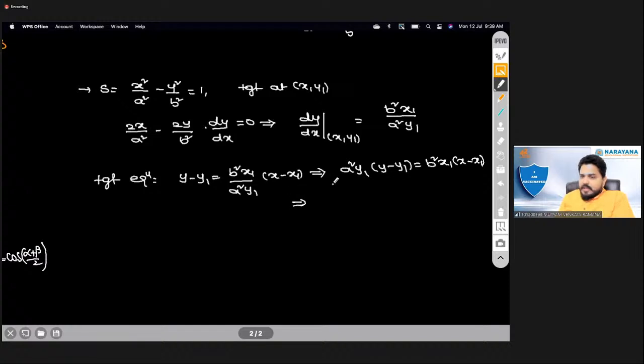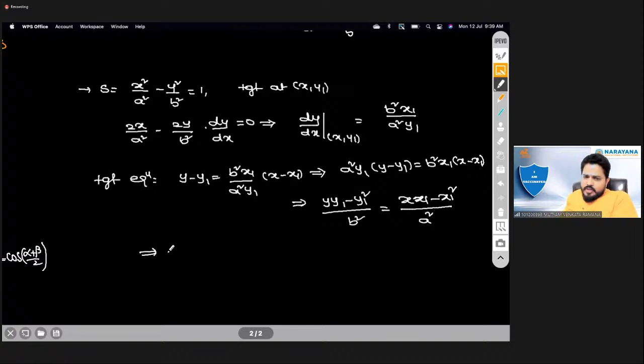So from here, I'll divide with everything. So this is y y1 minus y1 square by b square on this side, equal to x x1 minus x1 square by a square on this side.